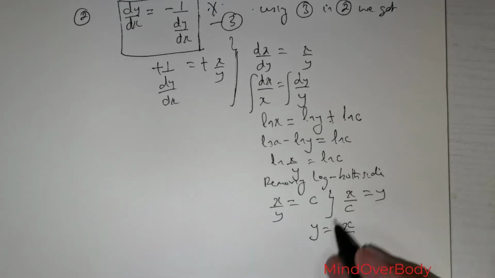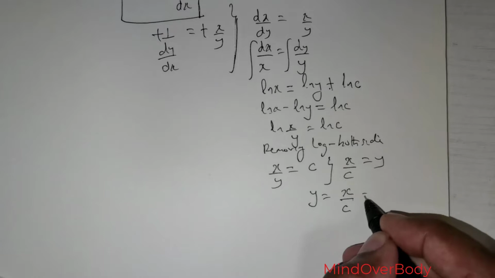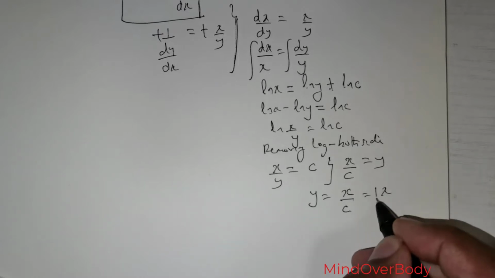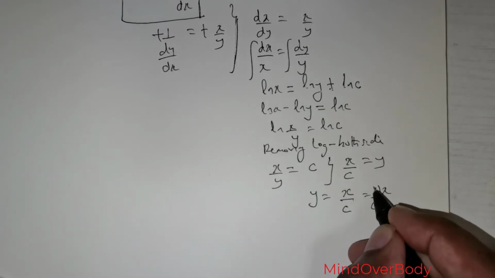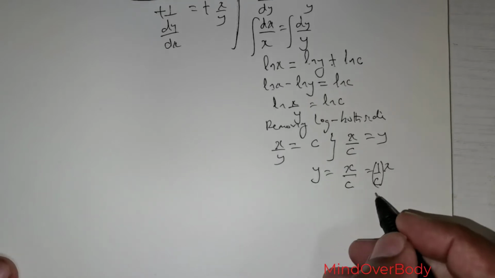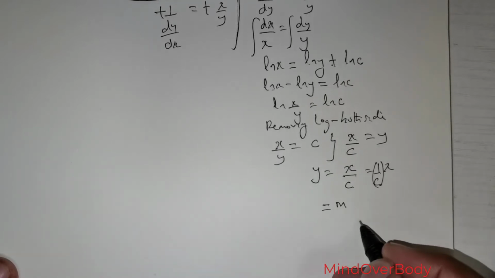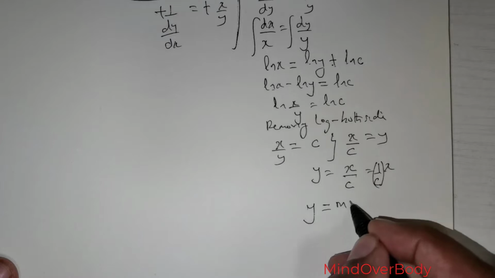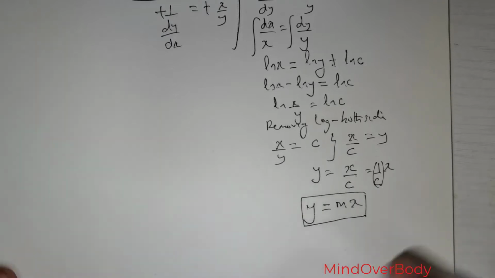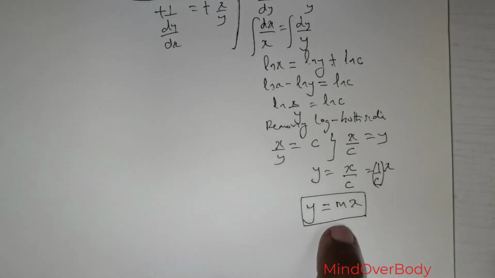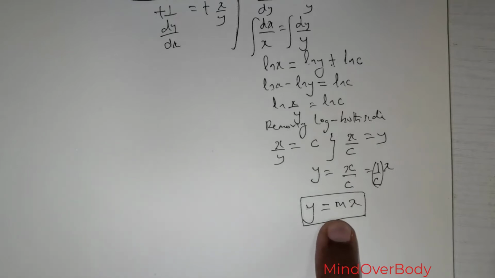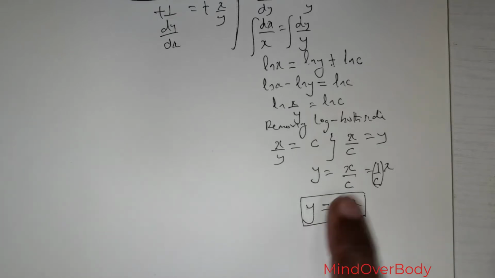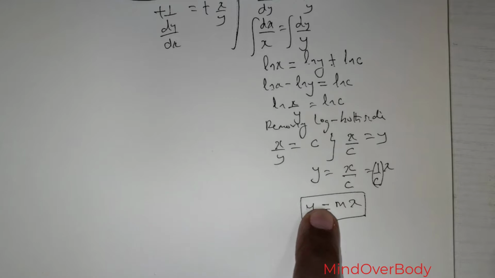Okay, x over c. Now this c, I can rewrite it as x times 1 over c, something of this fashion. And I can replace 1 over c by some arbitrary constant m. So I now get y is equal to mx. Now what is this? For any values that m take, we are getting a family of straight lines.